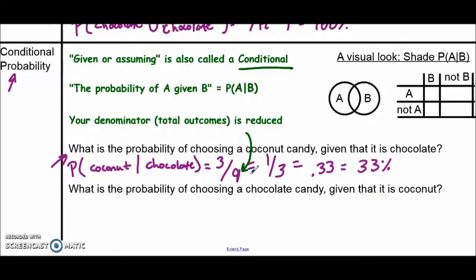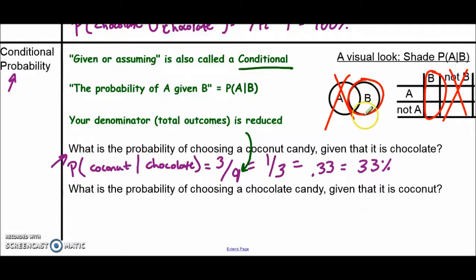Now, if we were going to go back to a two-way table and a Venn diagram, how would we shade the probability of A given B? Well, since we know that B has already happened, we're going to cross off everywhere where B has not happened.